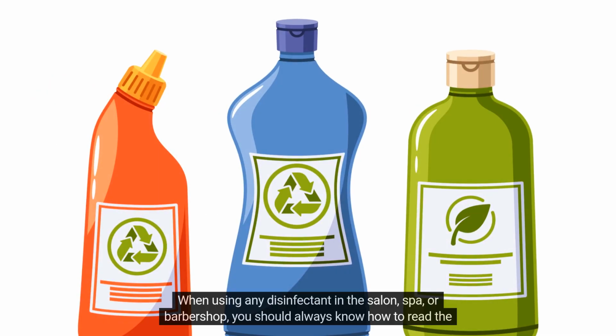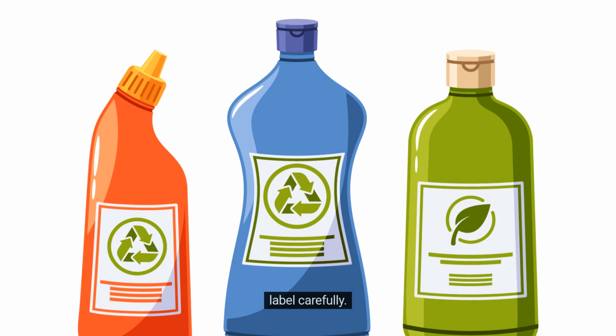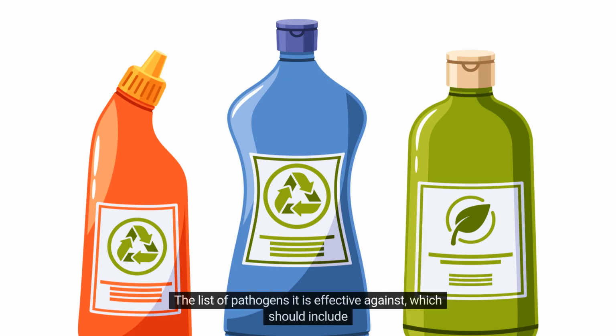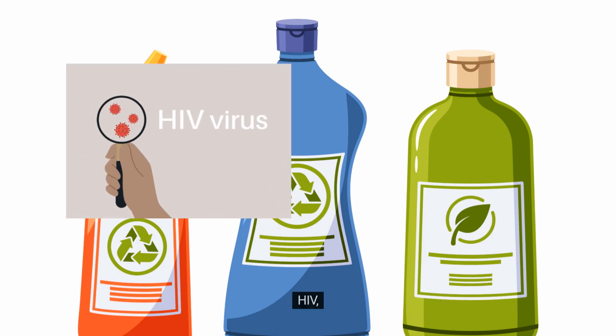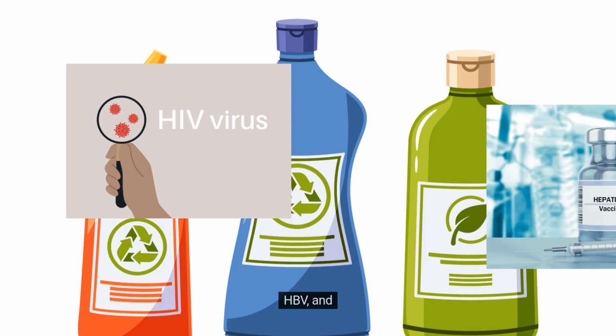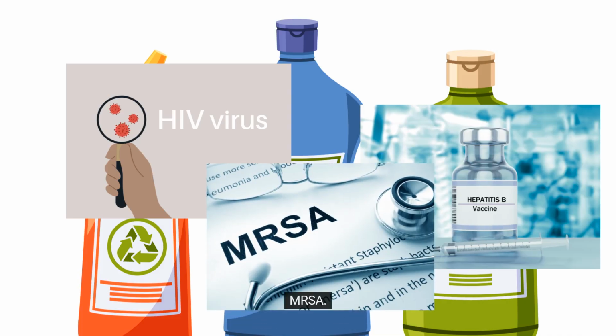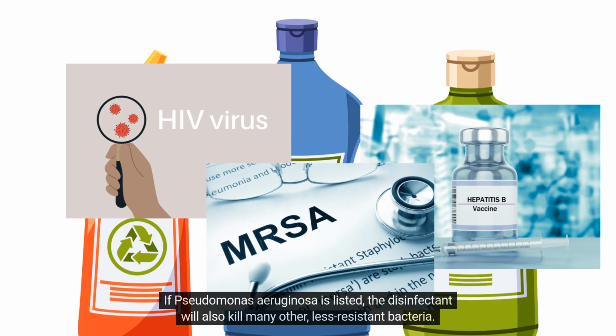When using any disinfectant in the salon, spa, or barbershop, you should always know how to read the label carefully. Each product must include the list of pathogens it is effective against, which should include HIV, HPV, and MRSA. If Pseudomonas aeruginosa is listed, the disinfectant will also kill many other less resistant bacteria.